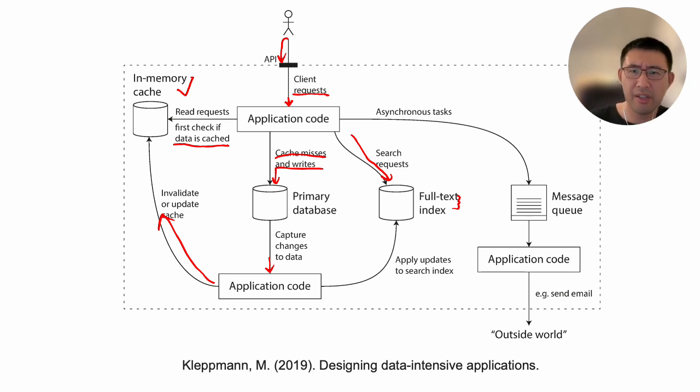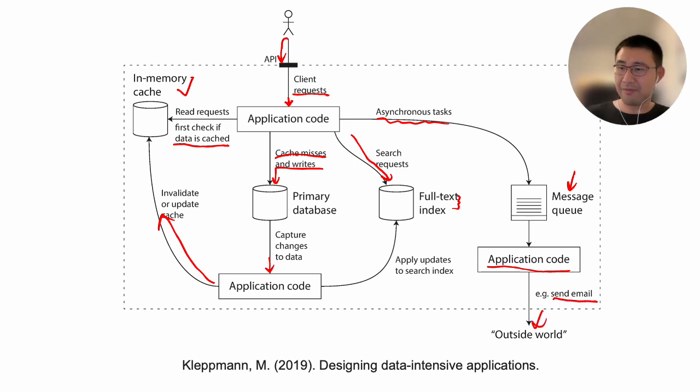Sometimes the request is an asynchronous task that takes a while, let's say processing of a photo. Then we have a message queue to queue those messages. We have application code, and when it's available, it can deal with tasks such as sending an email to the outside world.